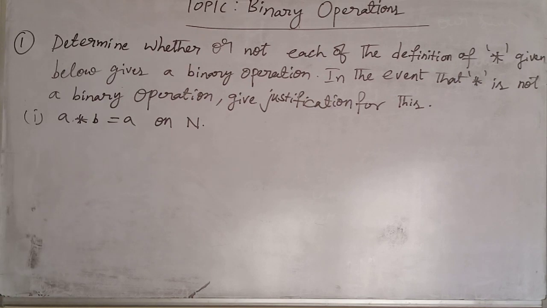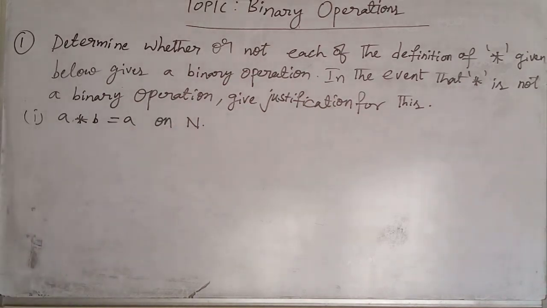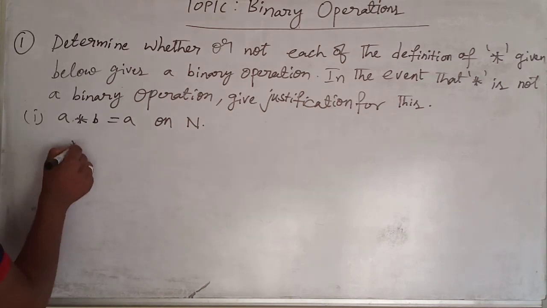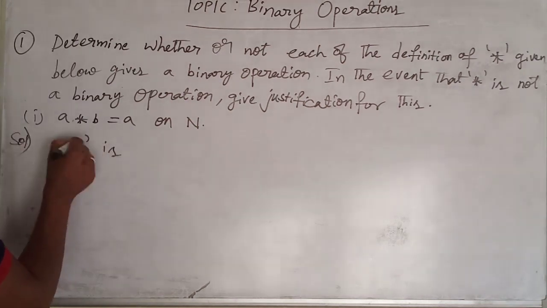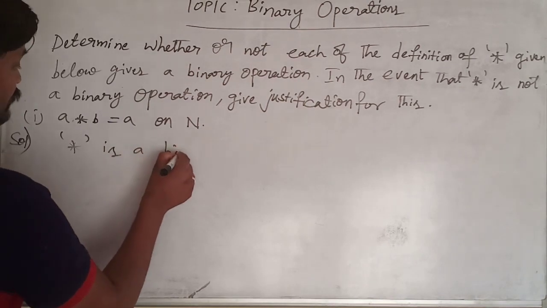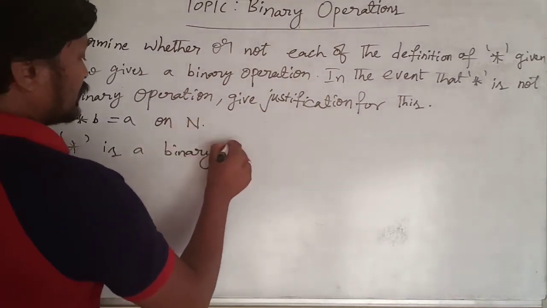Now, out of the 5, we first discuss a star b equal to a on N. We need to check whether it is a binary operation or not. Here I'll write the solution: star is a binary operation. By observing itself we can say it is a binary operation. Why?